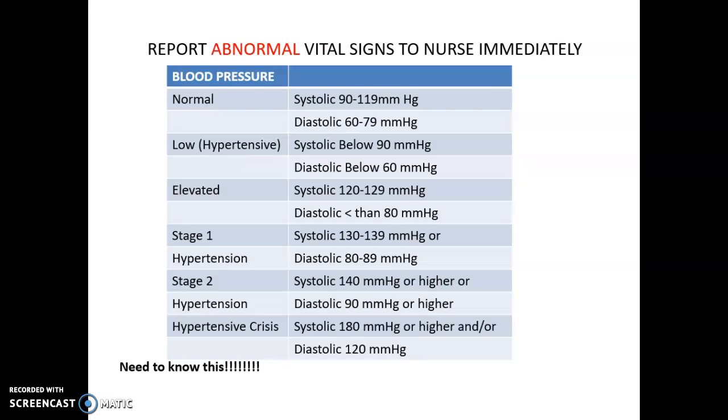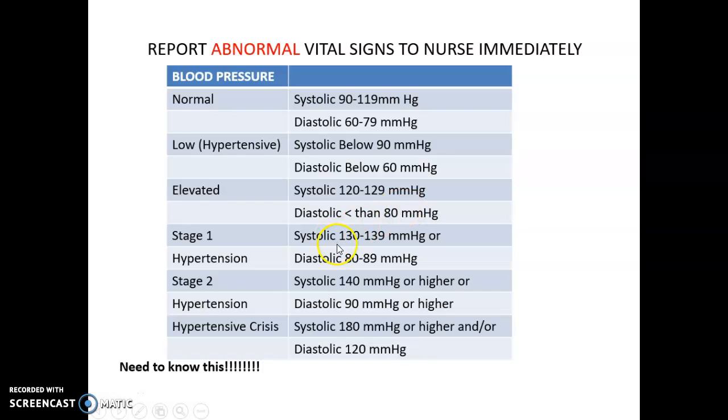So we have normal, low or hypotension, then elevated, and it's not considered hypertension until we're up over 130. So this is a range where it would just be elevated, and then these are consistent readings. If it's a one-time reading, they probably wouldn't report that, but generally 140 over 90.